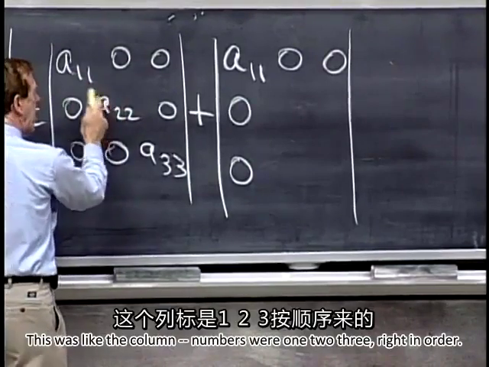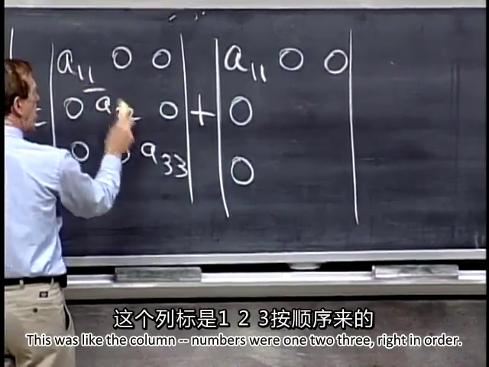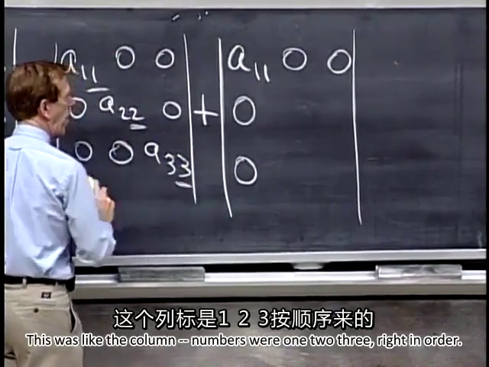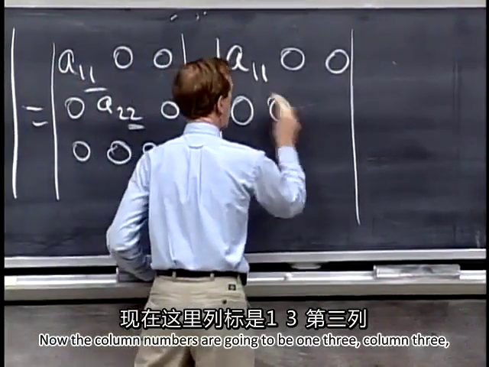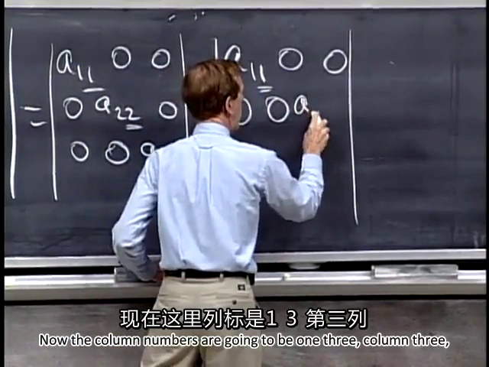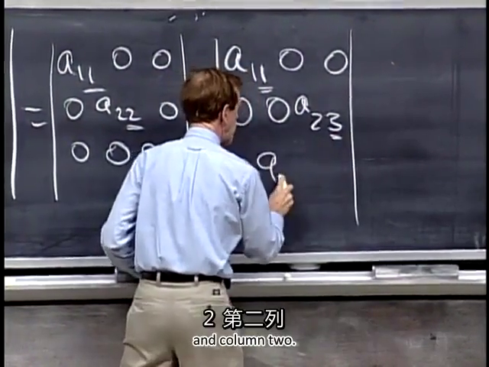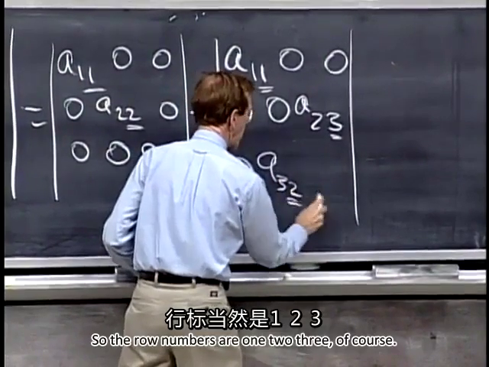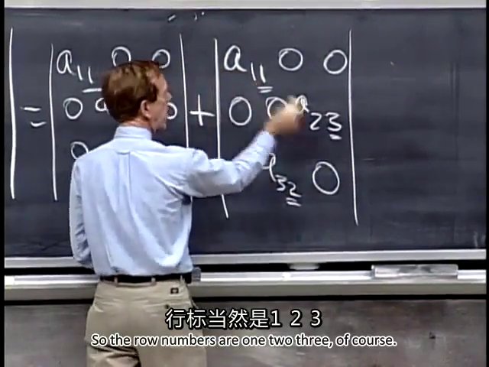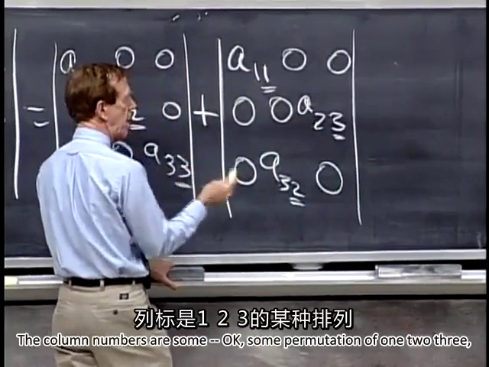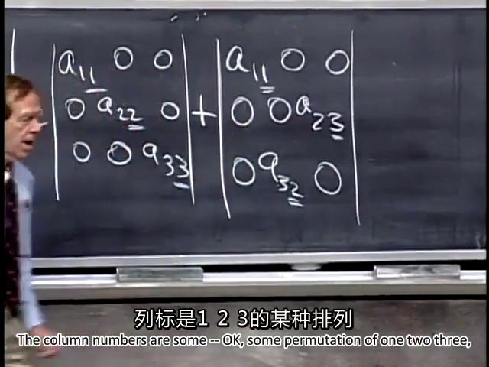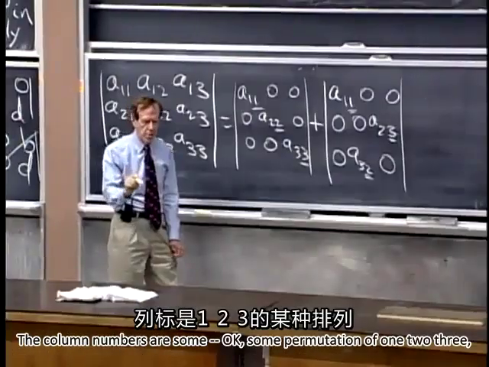This was like the column numbers were 1, 2, 3, right, in order. Now the column numbers are going to be 1, 3, column 3, and column 2. So the row numbers are 1, 2, 3, of course. The column numbers are some permutation of 1, 2, 3.